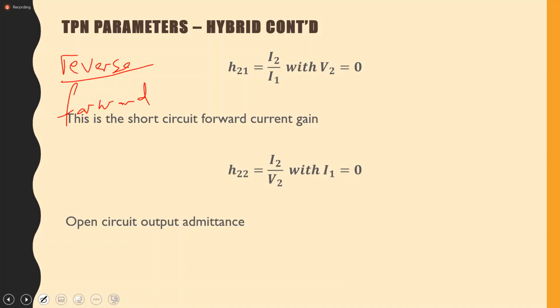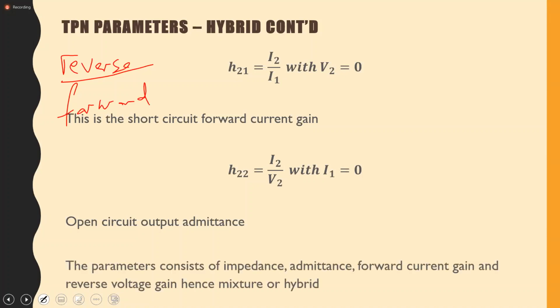So remember I was talking about the mixture? Here are the 4 parameters described. We have impedance, which is H11. We have admittance, which is H22. We have forward current gain, which is H21. And we have reverse voltage gain. And so you have it all mixed up, eh?